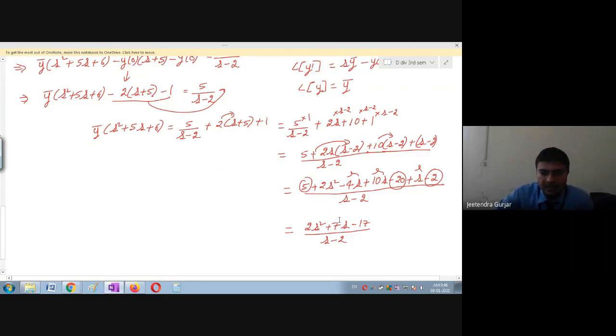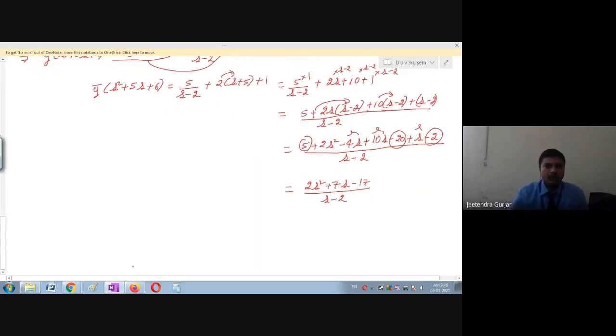Okay, so you are going to write this in terms of 2s square plus 7s minus 17 divided by s minus 2. Now I want only y dash. So y dash is equal to, I will bring this s square plus 5s plus 6 in the denominator.